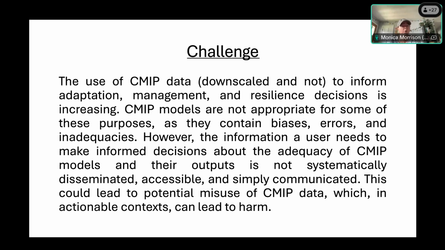When you're using the data from these models or experiments to inform actionable research or actionable science, which is adaptation management, resilience decisions, basically decision making, there's a risk in using something that might not give you the information that you need.